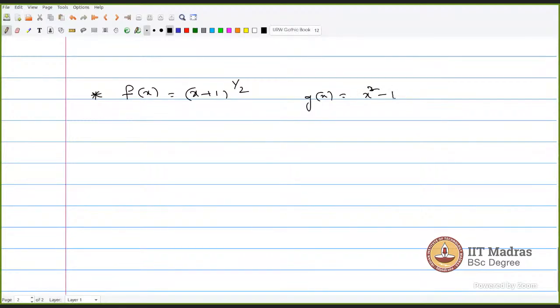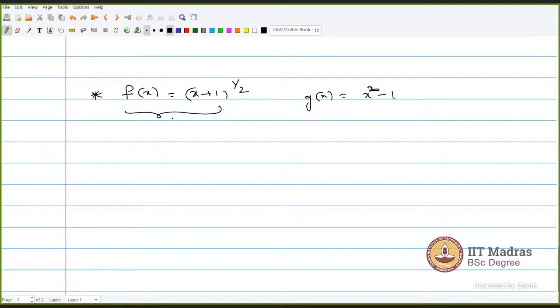So when I say well defined, it means this particular f of x function has some domain and has some range, and out of those domain values, if I substitute them, I will get the range values. So that is what well defined means.